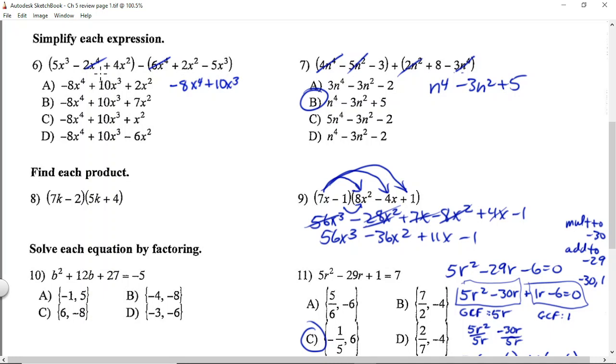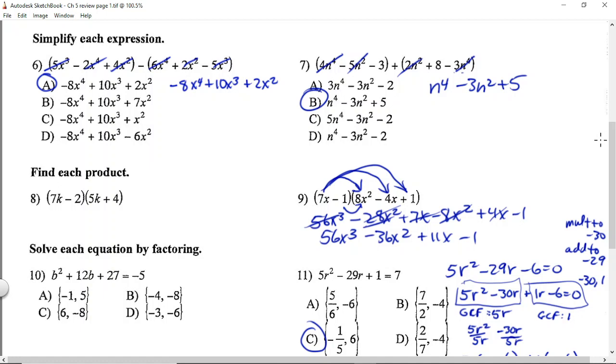And we can cross those out. Now we have 4x squared minus 2x squared. Again, this minus sign distributes. And so 4x squared minus 2x squared is 2x squared. And hopefully that's one of the answers, and it is. That is A. Okay, go ahead and cross those off as well.